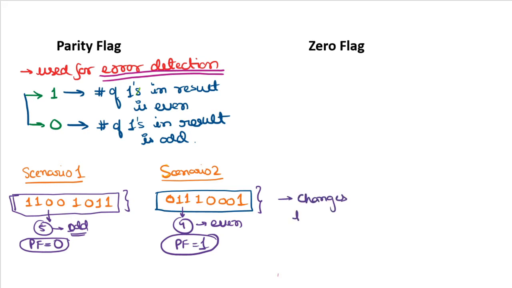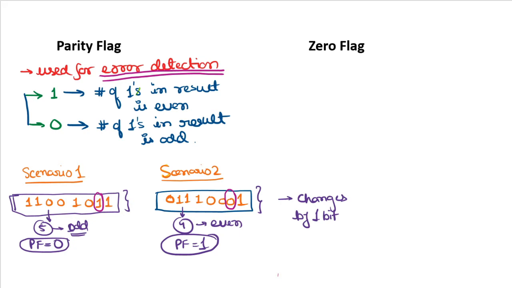In both the scenarios one spike happens, and due to that spike 1 bit changes. For example, in scenario 1 the bit is this, in scenario 2 the bit is this. And this bit toggles, right?